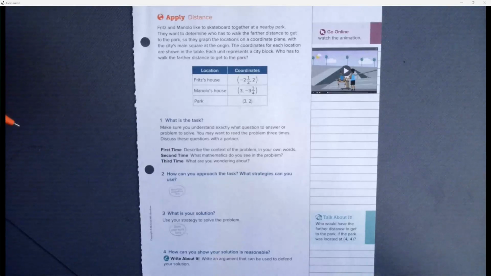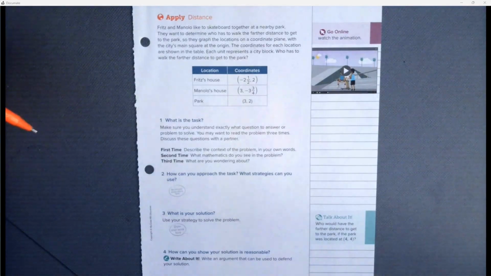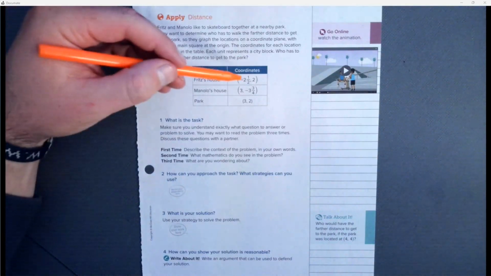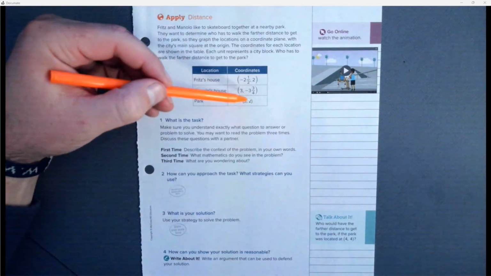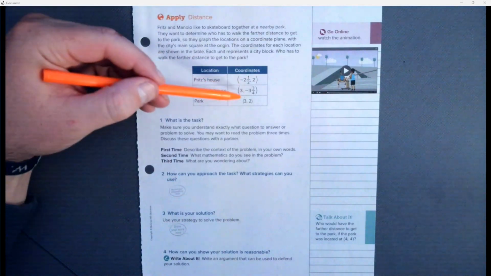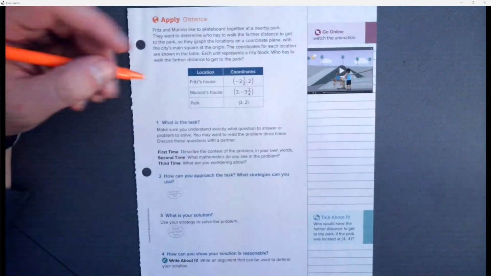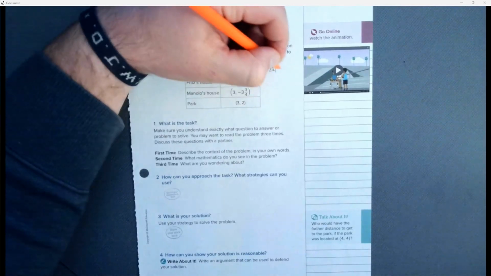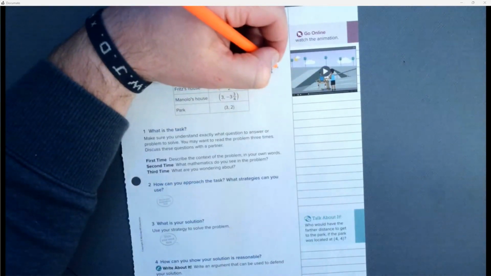So what we're going to do is find the distance from the park to each person's house. So the park is at (3, 2). And let's look at Fritz's house, which is at (-2.5, 2). Well, since they have the same y's, we're going to compare the x's. Okay, so the absolute value of -2.5 is going to be 2.5. And the absolute value of 3 is 3.